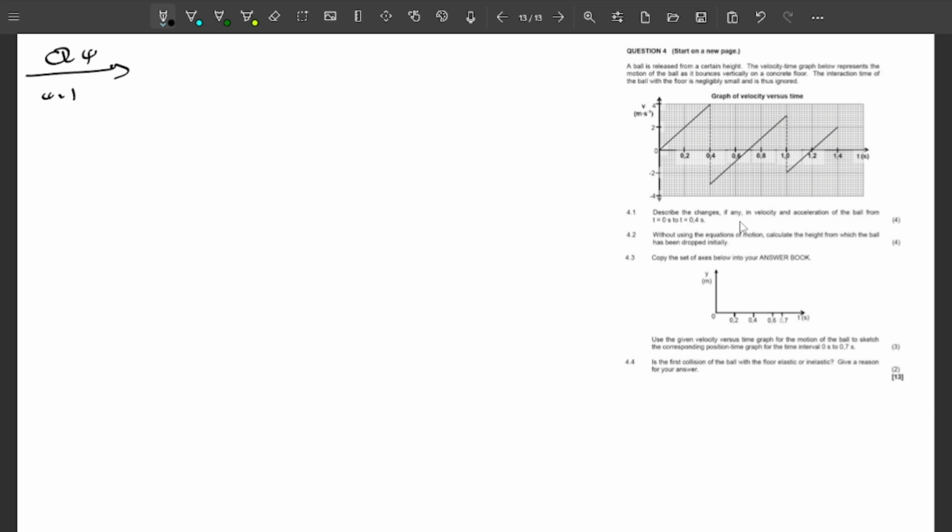Now since the V initial is 0, this means it is dropped and then it went up. The velocity goes up. So if the velocity is going up and then it bounces, this means that downwards was taken as positive due to this. Downwards was taken as positive because it went up.